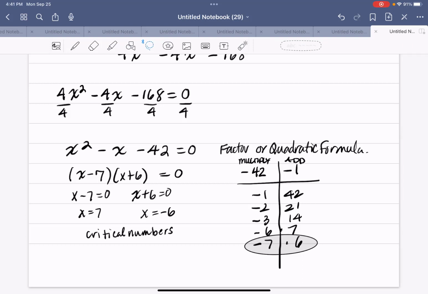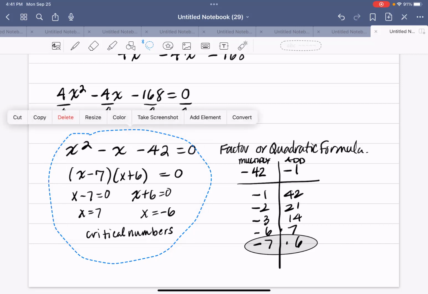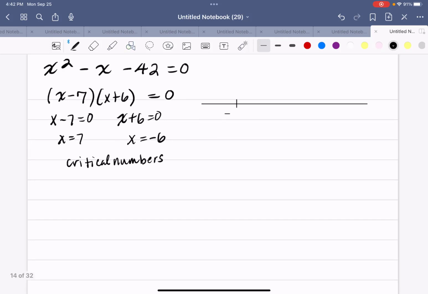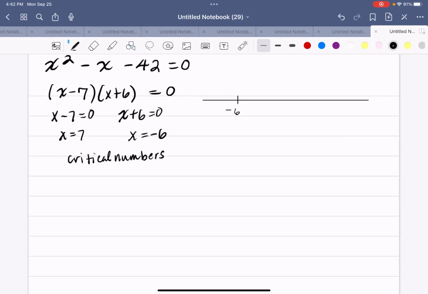Now we have to take our critical numbers and put them on a number line and test them in the derivative. So now we take our critical numbers and we place them on a number line. This time there are 2, and be sure you put the smaller one to the left and the larger one to the right.